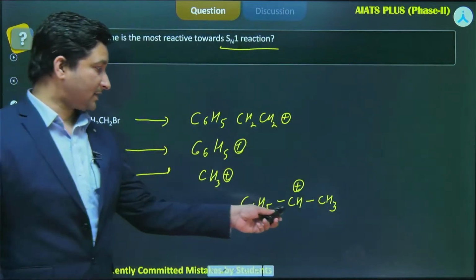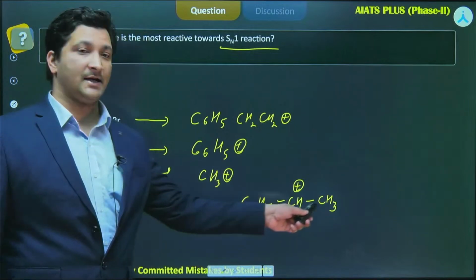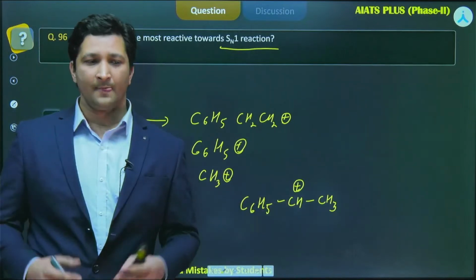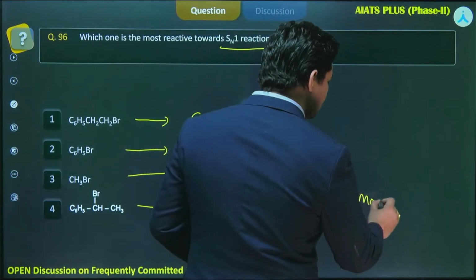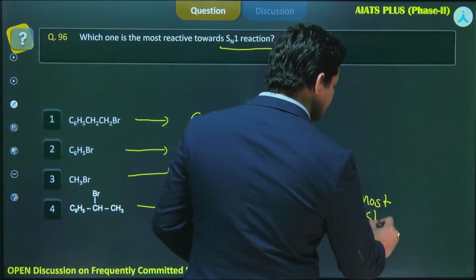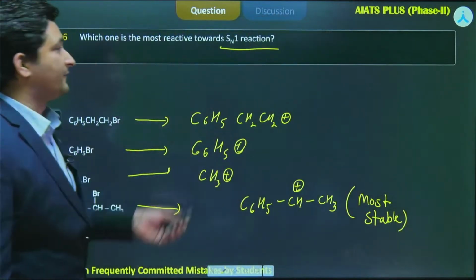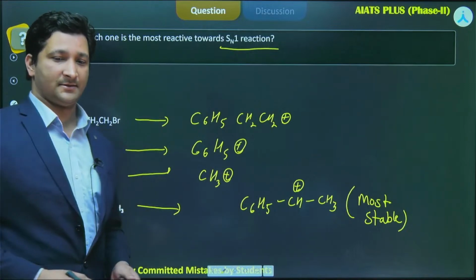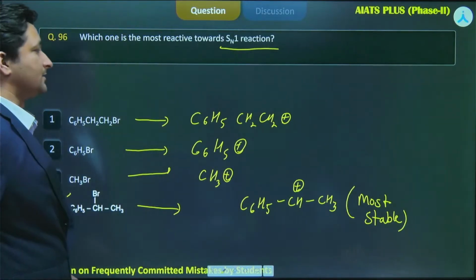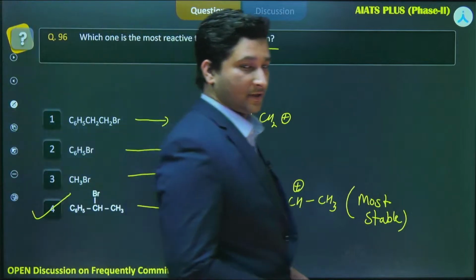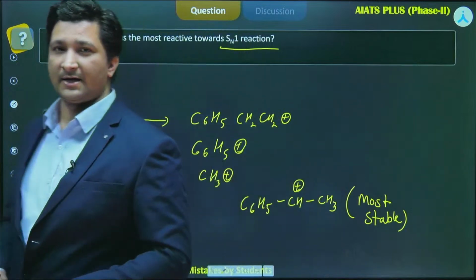You can see this carbocation is a benzylic carbocation, so it is in resonance, and it is also getting hyperconjugation from this CH3. So overall, this one is the most stable, and as it is most stable, definitely it will be the fastest. Yes, very good Aishwarya, the fourth will be the correct answer here. Most stable carbocation has been formed here. Is this clear to all of you? Anyone having any doubt can ask in the comment section.